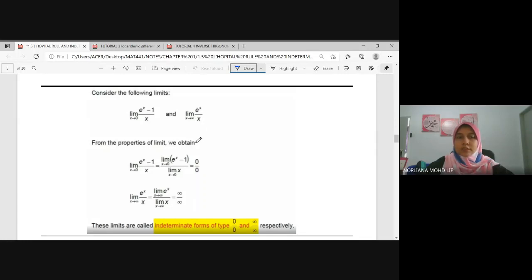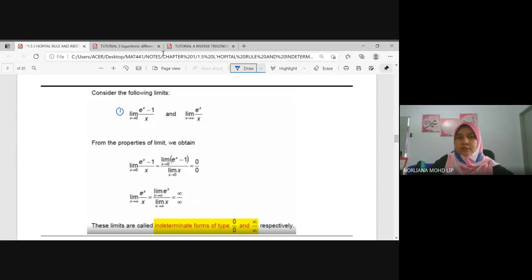From the properties of limits, from the first example, we substitute x equal to 0 into this function. We get 0 over 0.